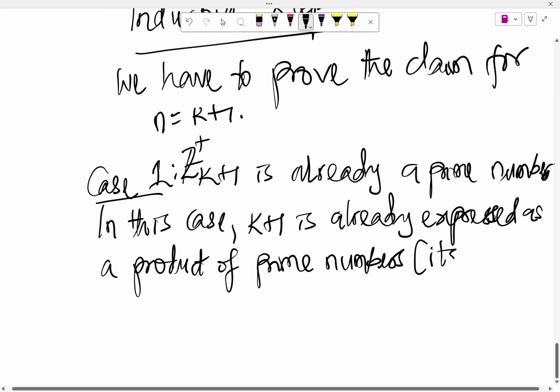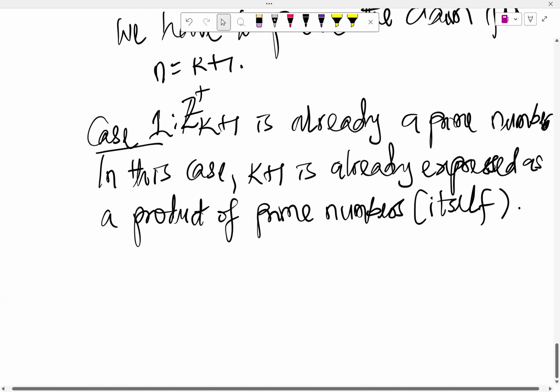All right. So that is just itself. So that's the simpler case where the number is already a prime number. So that's itself, right? That's case one.